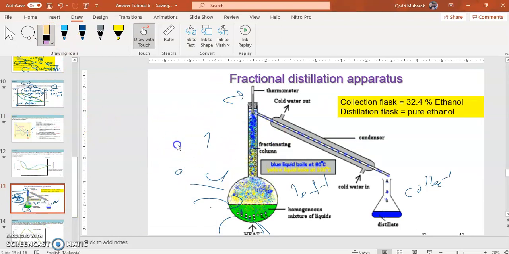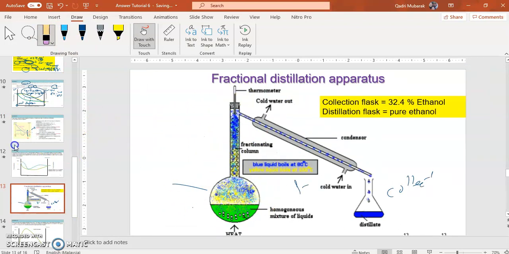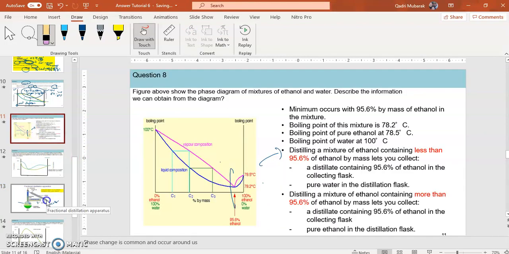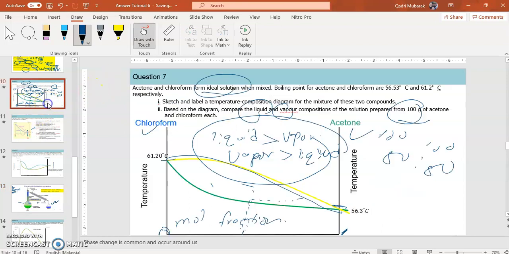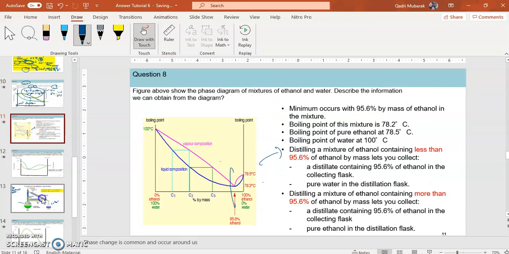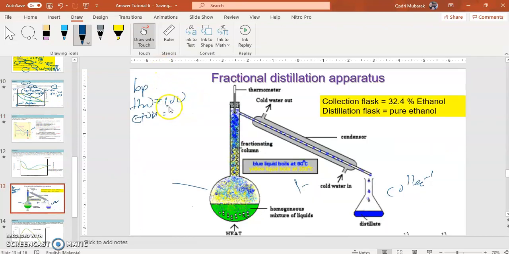From the previous question, we know that the boiling point of water is 100, while the boiling point of ethanol is 78.5.